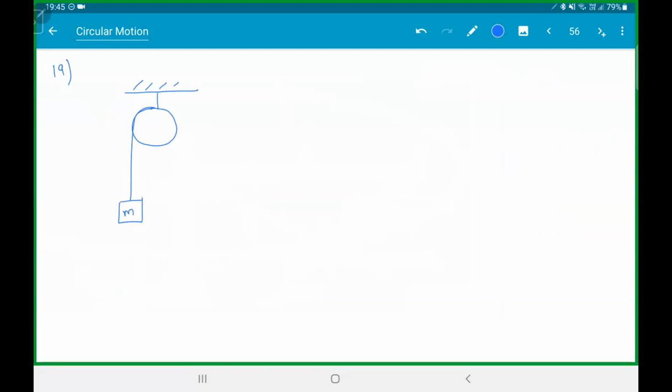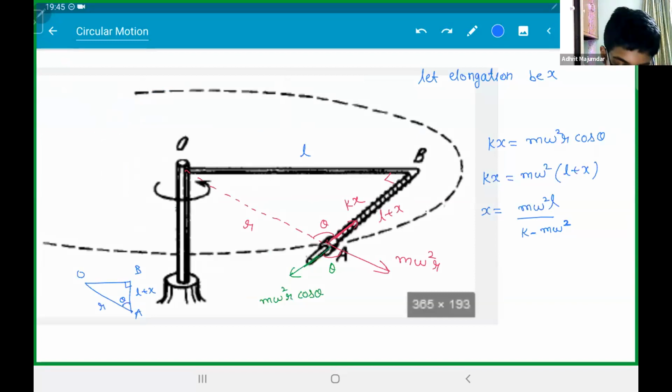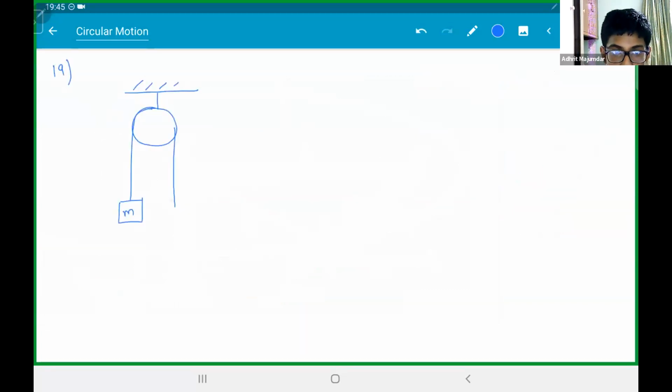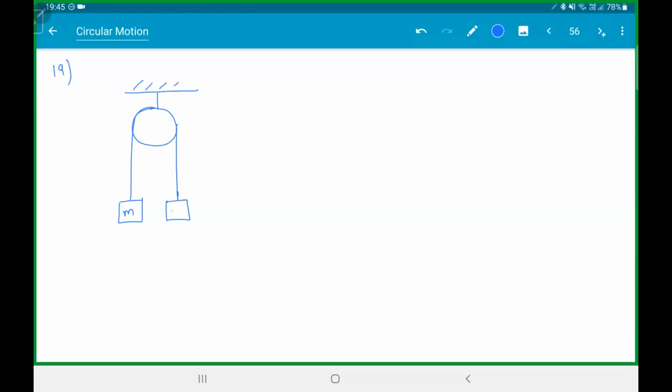Let's see, I have a block of mass M. Masses, identical masses.